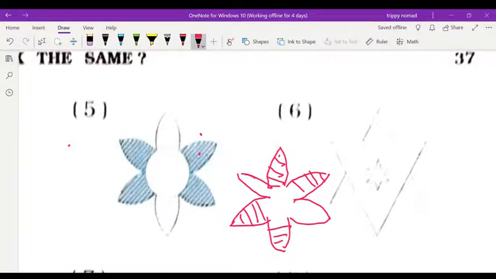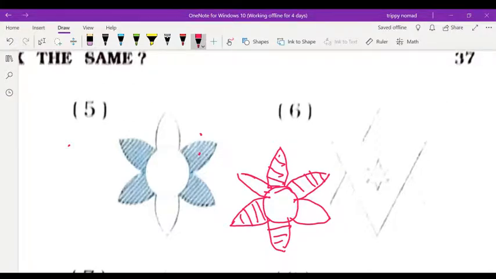I hope you understood, and these two will move to this. So this is rotation at what angle? Okay, one third we have rotated this figure. I hope you understood, and this will remain like this.